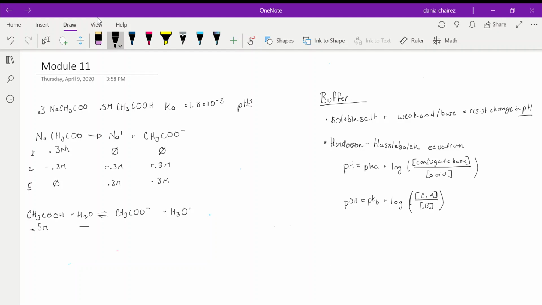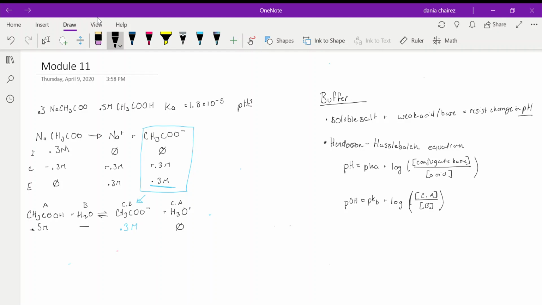Liquid doesn't matter. We don't have any of this yet. But because of this common ion effect here, we have 0.3 molar here. So we're going to start off with 0.3 molar here. So then, just looking at this, we know that this is our acid and this is our base. So this is our conjugate base and this is our conjugate acid.